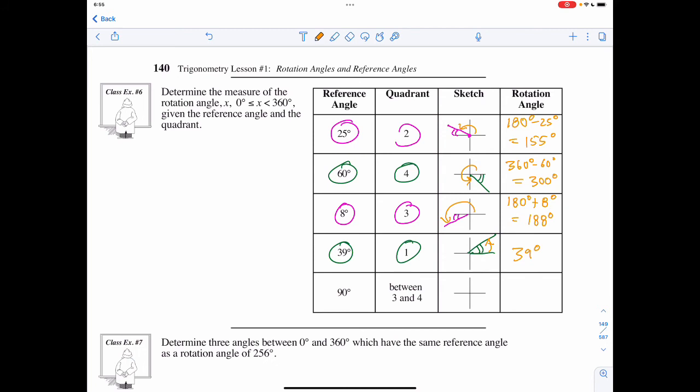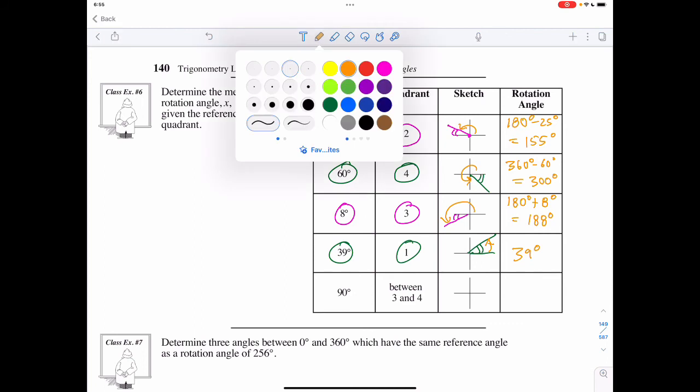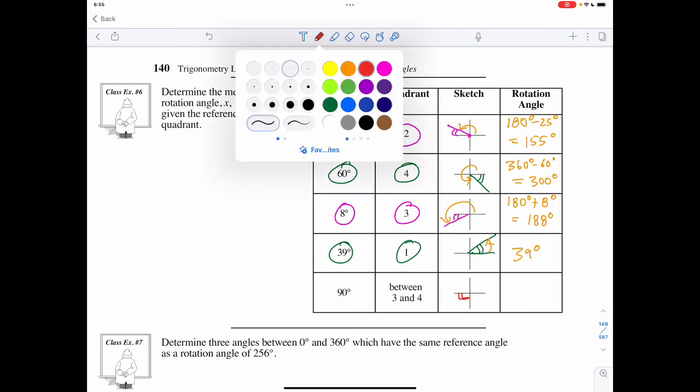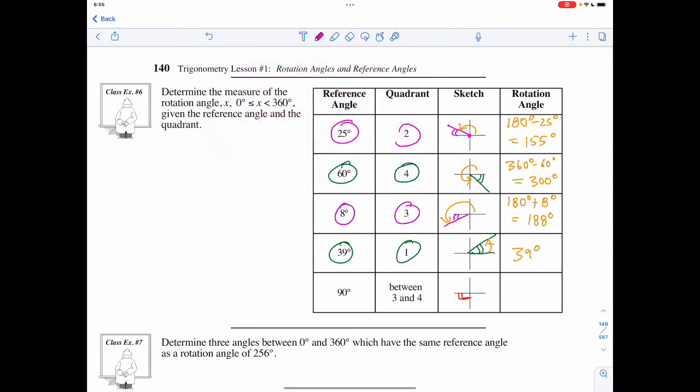If it exists between two quadrants, then that means that it has to be a multiple of 90. If it exists between quadrants 3 and 4, then that's a fancy way of saying that it could either be 90 degrees to this side, or it could be 90 degrees to this side.